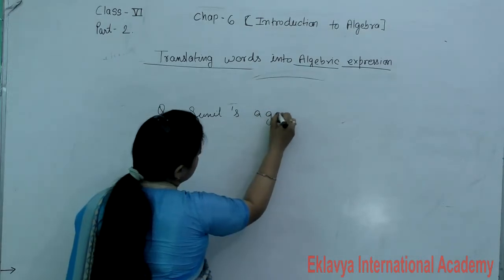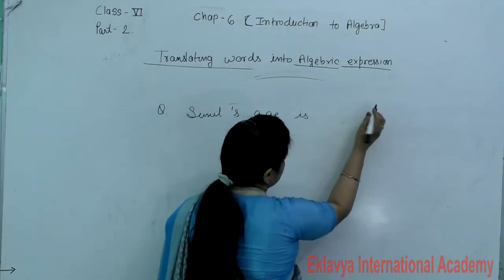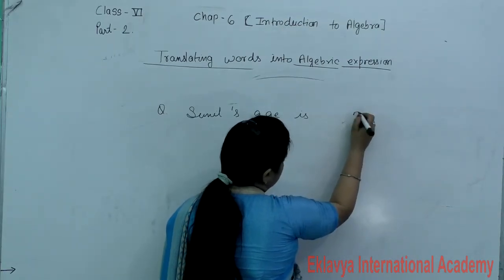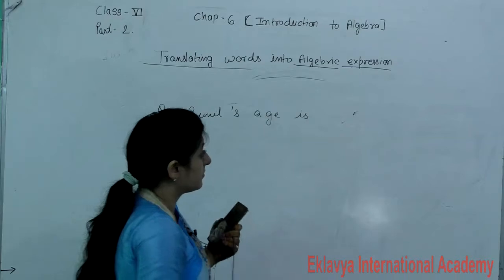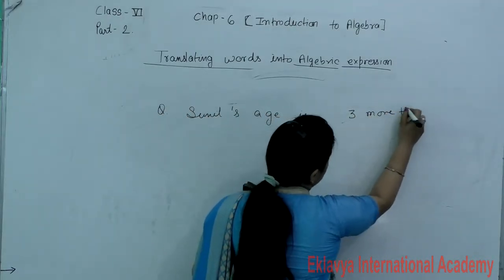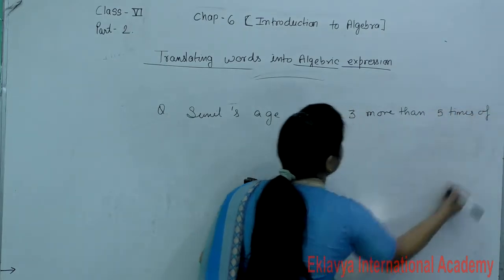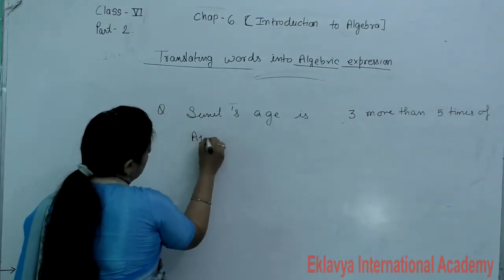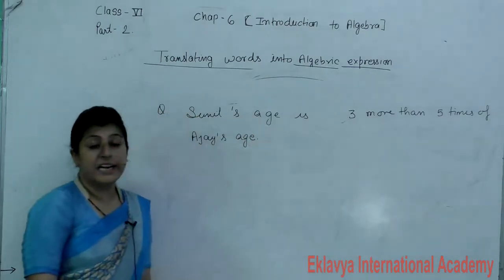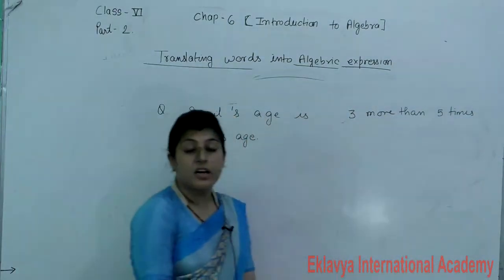Sunil's age is 3 more than 5 times Ajay's age.